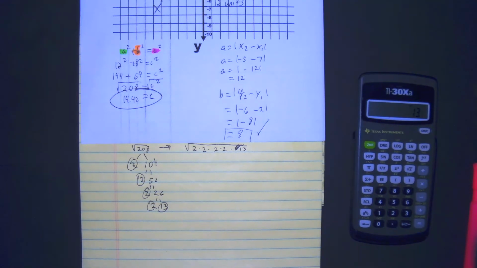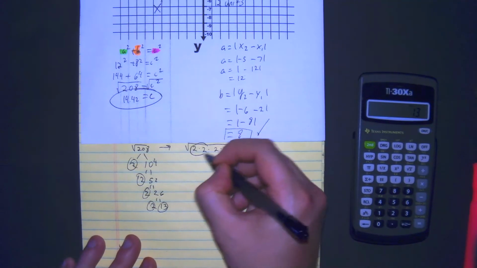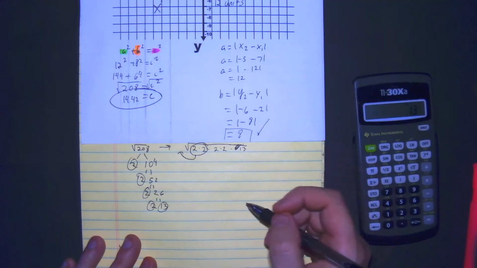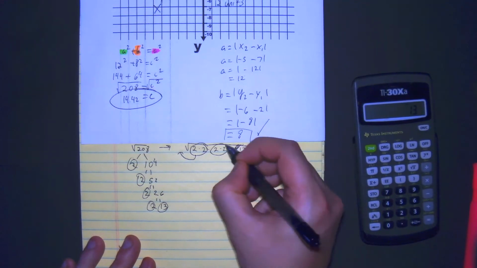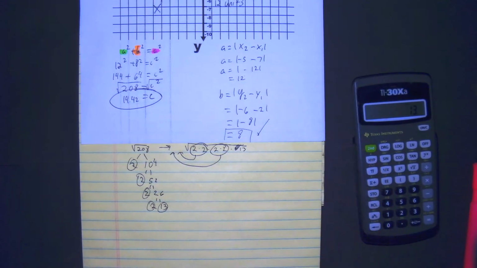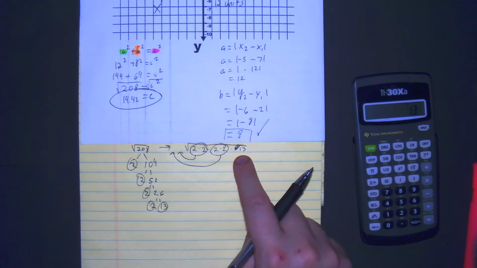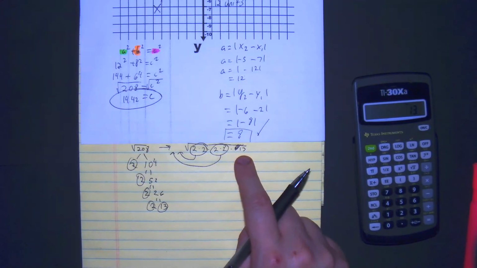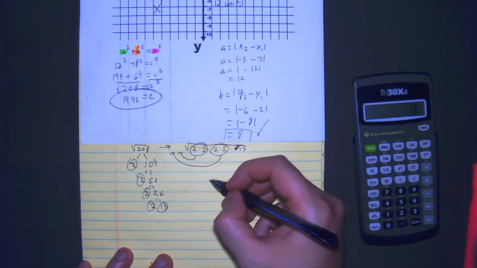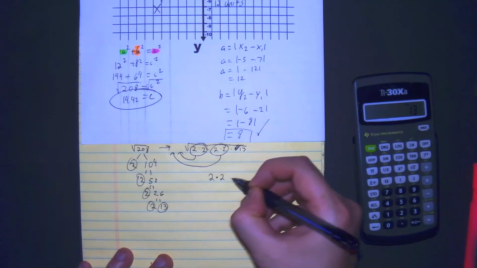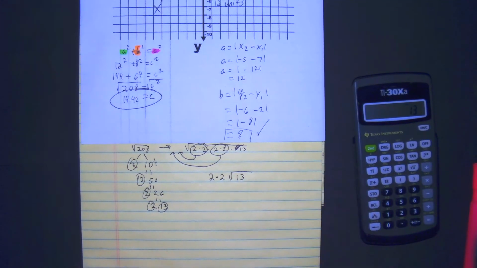Well, what's 2 times 2? It's 4. What's the square root of 4? 2. So we're going to pull out our first pair. We're going to pull out our second pair. 13 doesn't have a pair, so it's stuck at home, so it stays under the bar. So the square root of 208 could be simplified to 2 times 2, square root of 13.